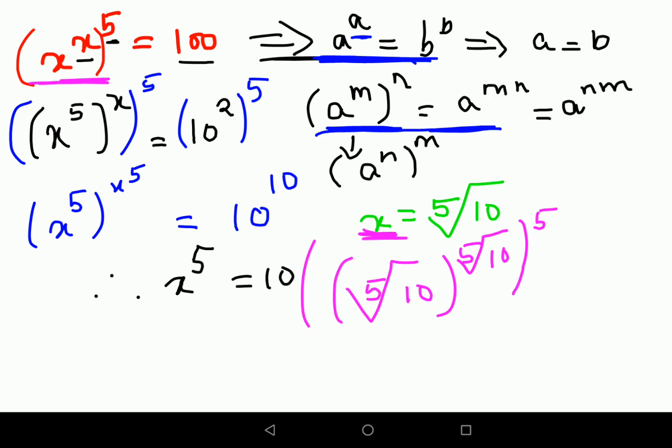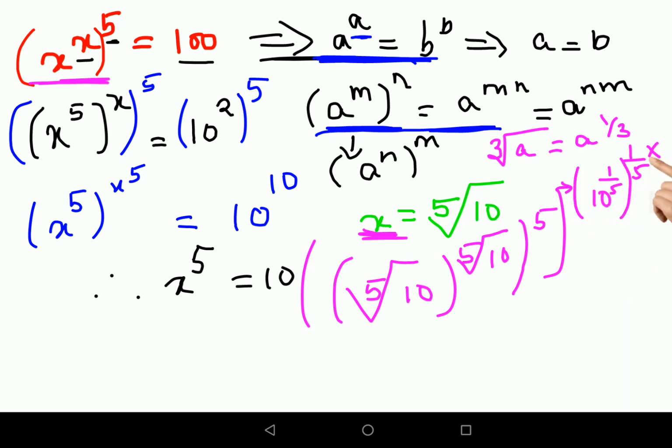Now understand that the nth root of any number can also be written as a raised to 1 upon that root. So here I can write this as 10 raised to 1 upon 5, the whole raised to 1 upon 5 raised to 5, which is nothing but multiplication using this property.